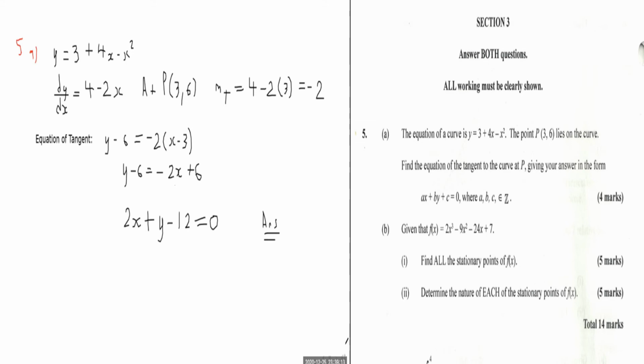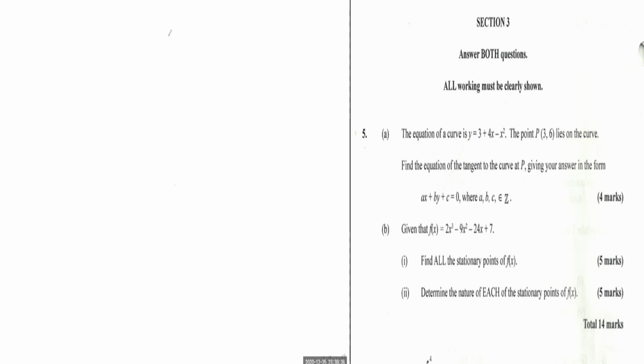Now next it goes on to ask us, given that 2x cubed minus 9x squared minus 24x plus 7 is f of x, find all stationary values of f.